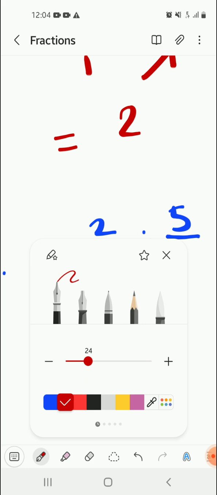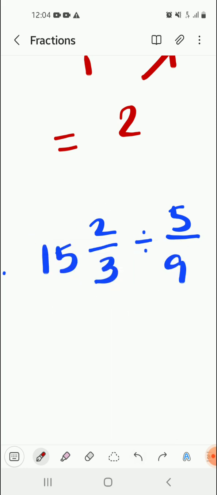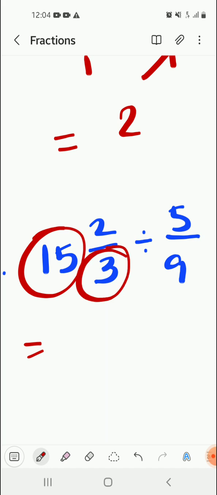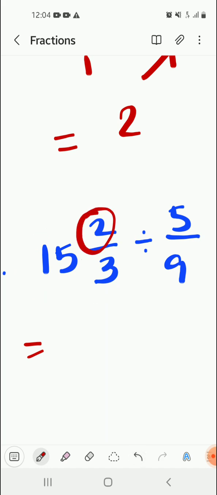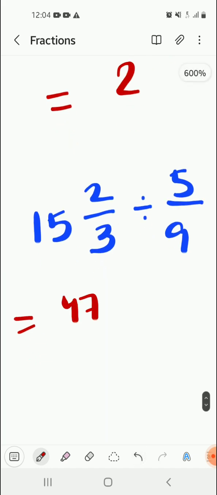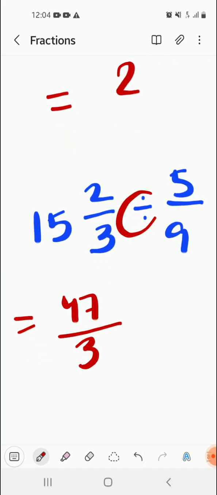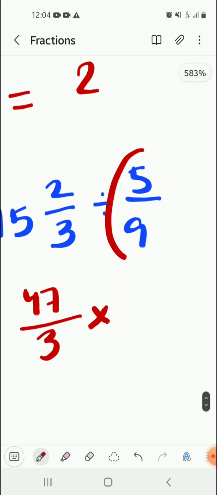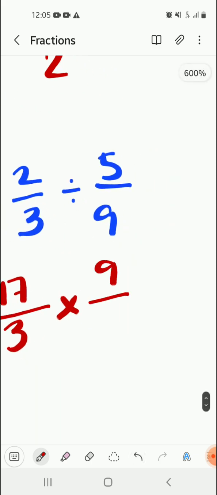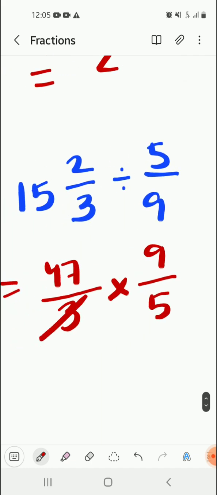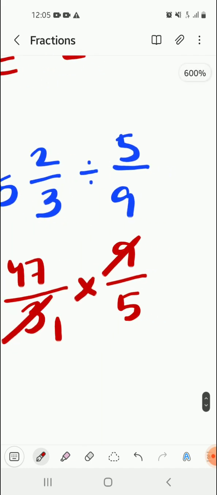First step, we are going to convert the mixed fraction into improper. 15 into 3, 45 plus 2, 47 by 3. Division becomes multiplication and use the reciprocal of 5 by 9, that is 9 by 5. 3 divided by 3 is 1, 9 divided by 3 is 3.